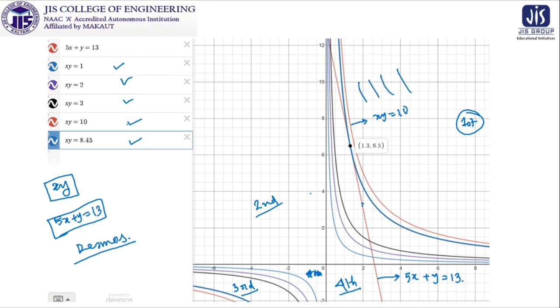So there will be no question of having any intersection. We need to find out a point which is going to be the common on both the platforms. That means it will be present in xy as well as it will be present in the constraint function, that is 5x plus y equal to 13, in such a manner that we will get the maximum value.